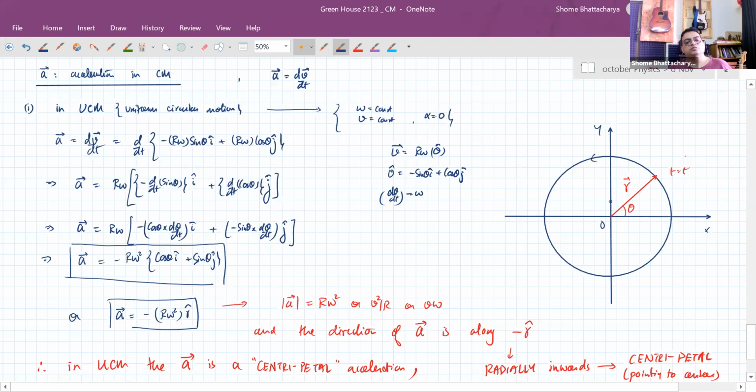We're dealing with a uniform circular motion. Then our acceleration vector is pointing towards the center.